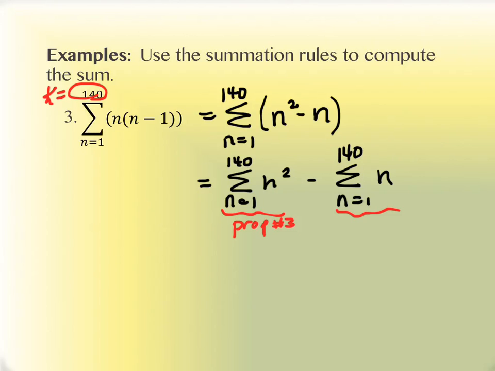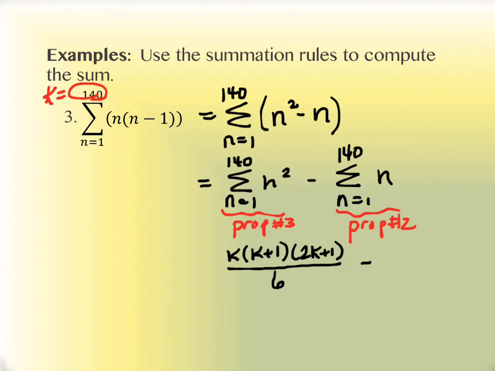And this one right here is property number 2. So on property number 3, we should be taking the top value, which we're calling k, times k plus 1, times 2k plus 1. Or if you want to put in that k is 140, you could do that. And what do we divide this one by? 6.